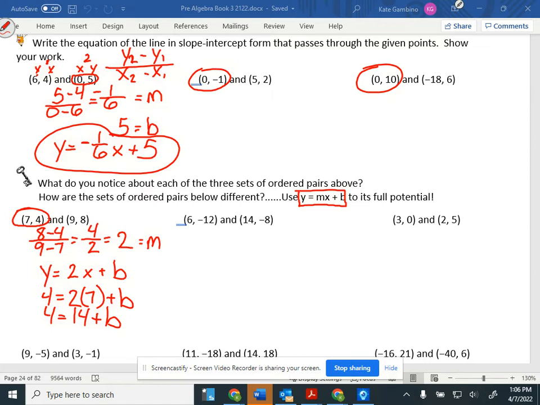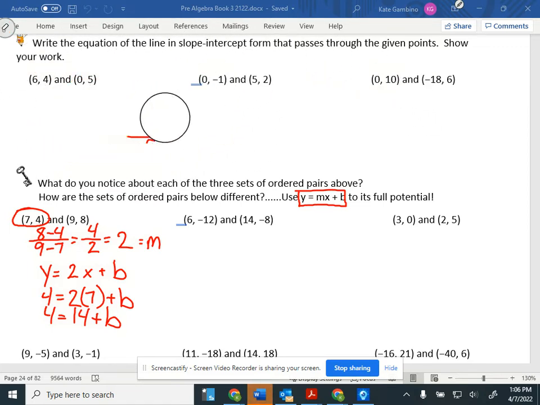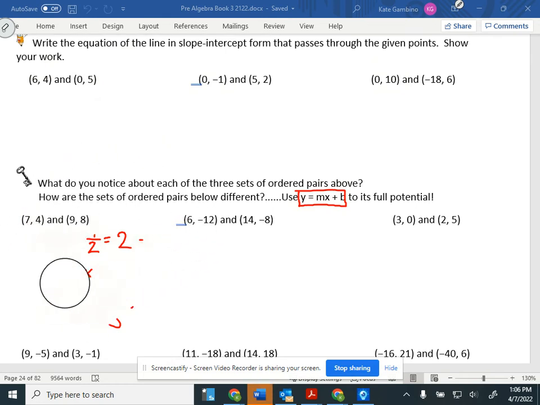Let's move it up so we can see. You got it.